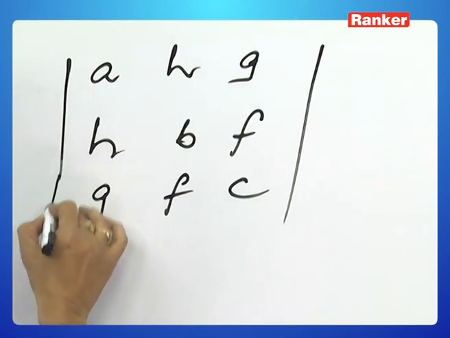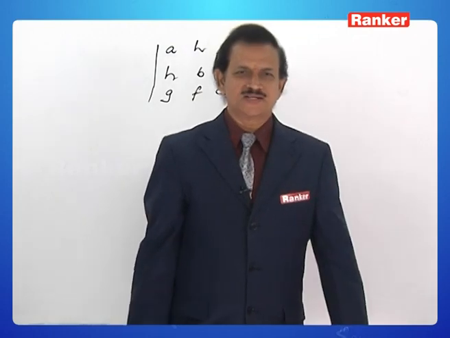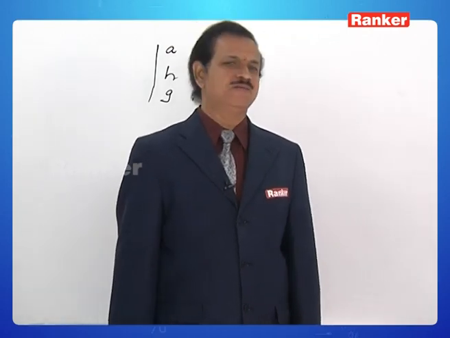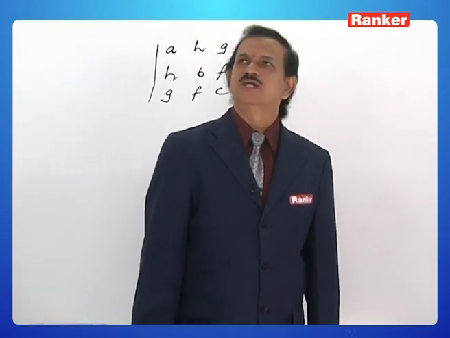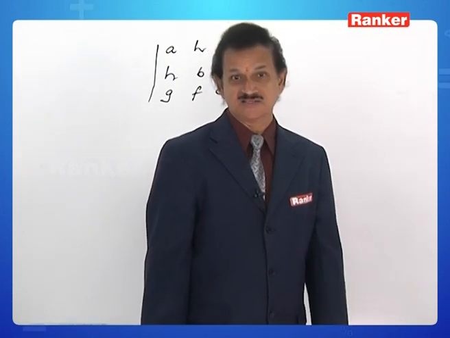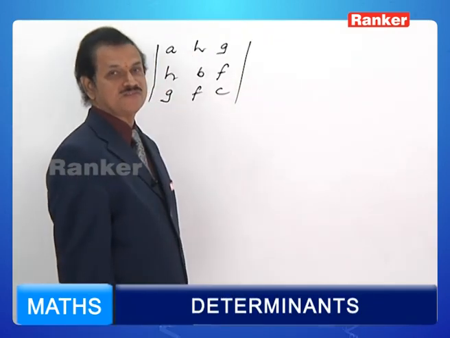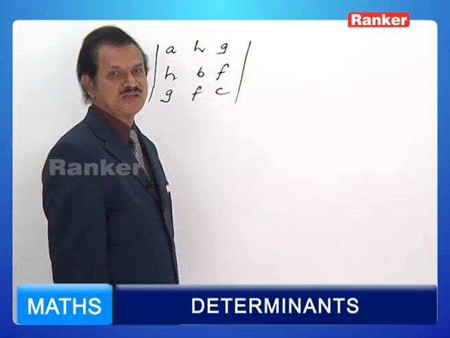I think every one of you knows this. This particular determinant we have come across in 2 or 3 different cases, in pair of straight lines, in conic sections, etc. This is nothing but ABC plus 2FGH minus AF square minus BG square minus CH square.